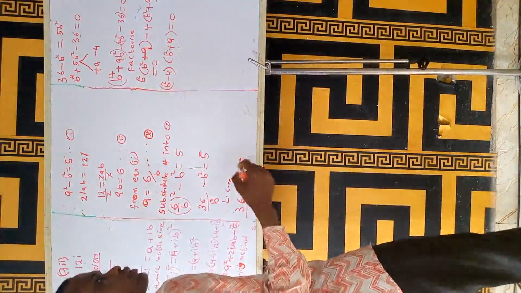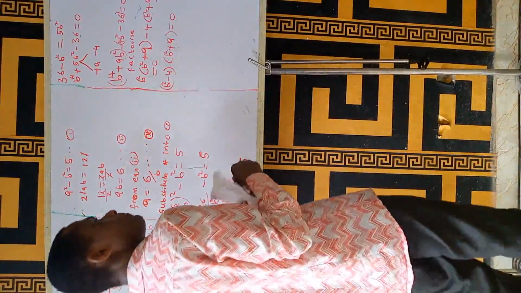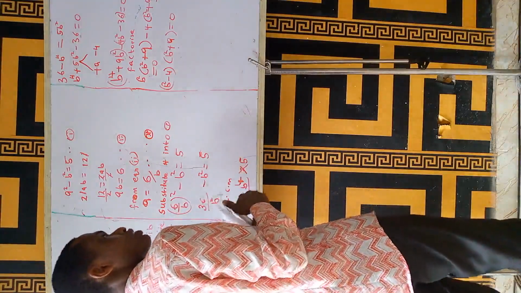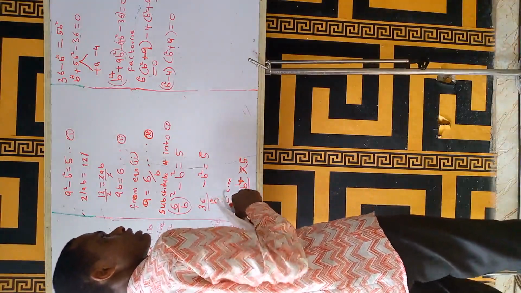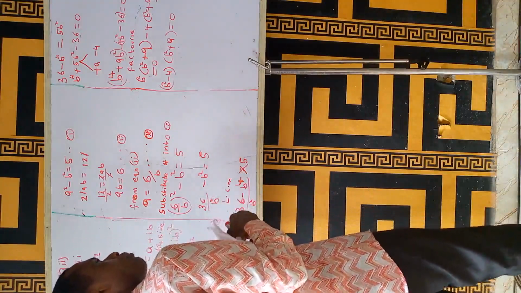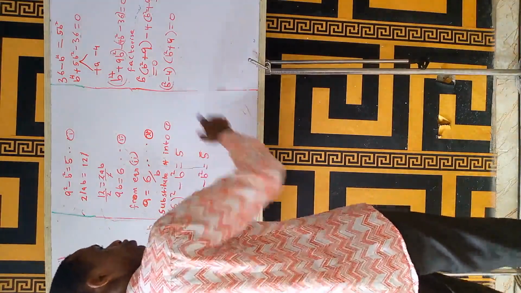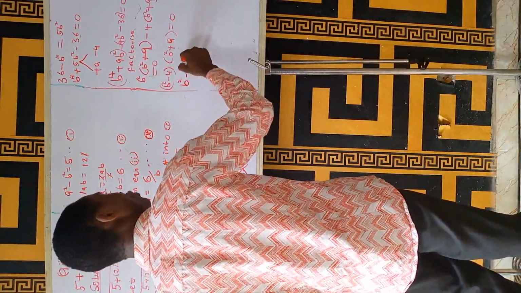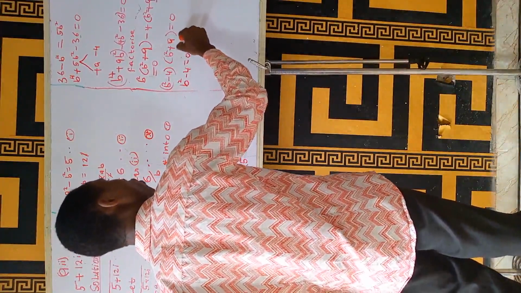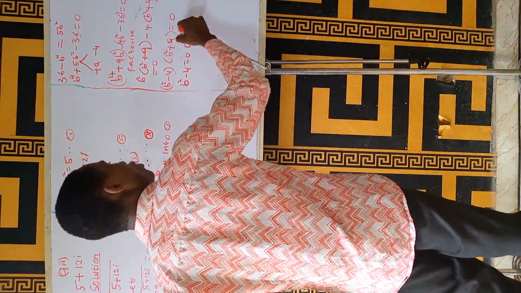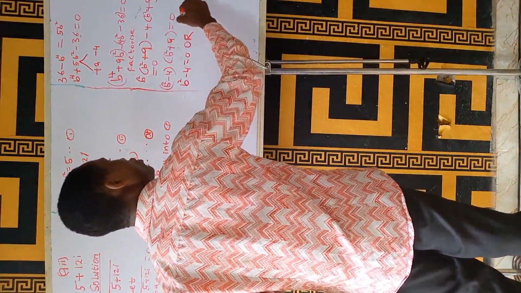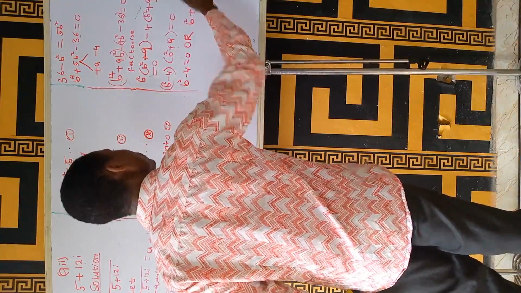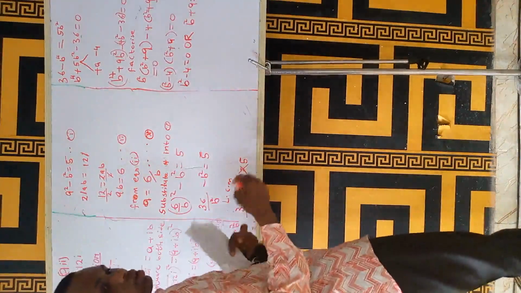You see, I cannot get my b to be minus 9. I cannot get a negative answer for my b. Therefore, if I am to solve this now, I will have b squared minus 4 equals 0, or b squared plus 9 equals 0.